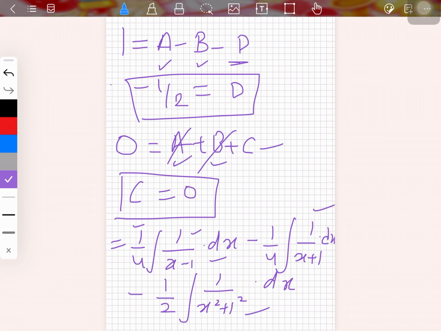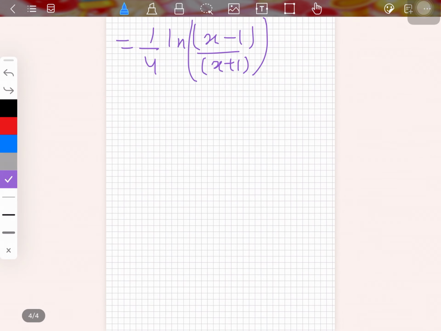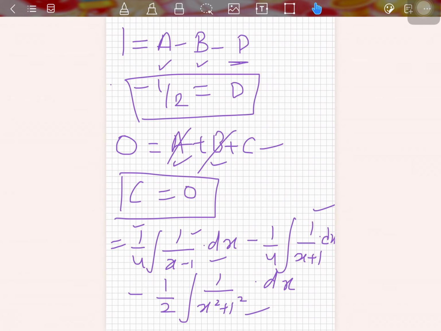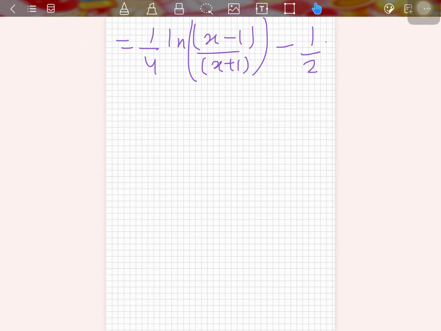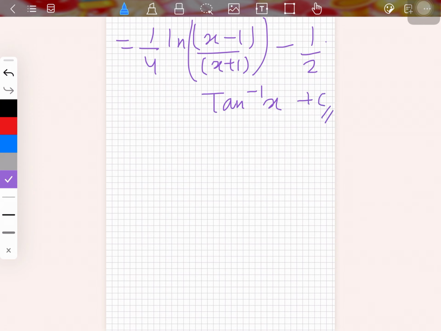So log a minus log b can also be written as log a over b. So that's what I've done here, minus 1 over 2 times the formula that I've also discussed in my previous videos: 1 over x square plus a square is tan inverse x over a. So over here a is 1, so this can simply be written as tan inverse x over 1, so over 1 is not needed, plus the integration constant.